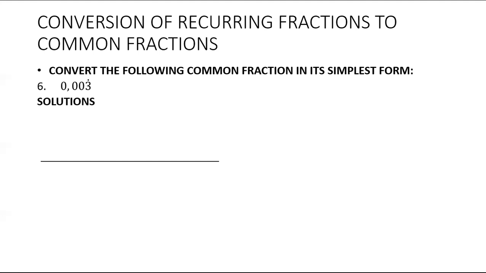So you first start by multiplying by 100. And then because there's now one recurring decimal, you're going to multiply by 10.